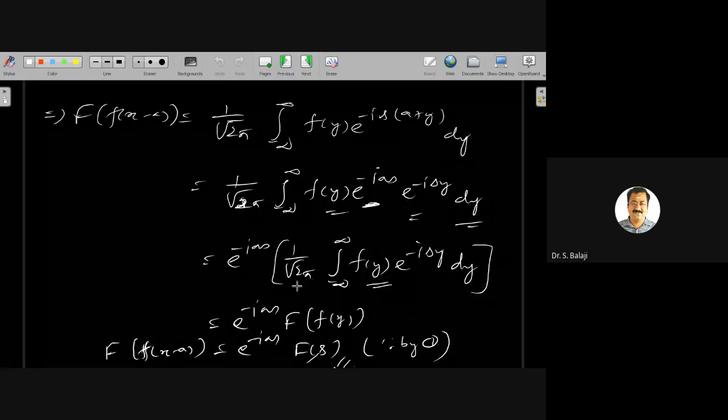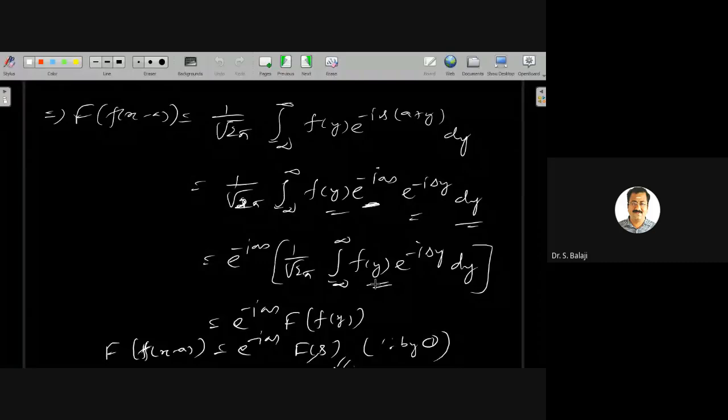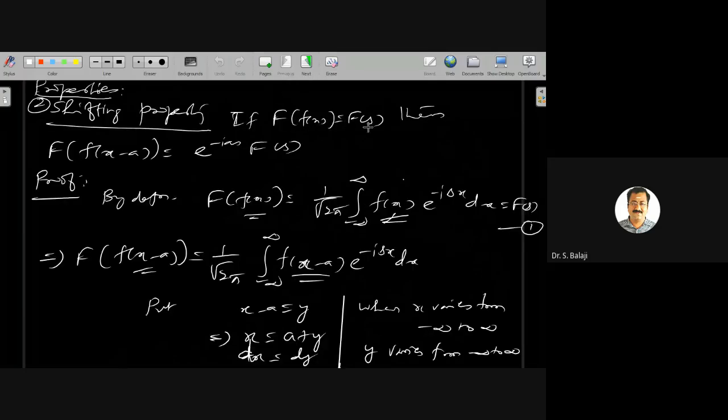Now this whole part is like the Fourier transform definition. For f of x, the definition is f of x e power minus isx dx; here it is f of y e power minus isy dy. Only the variable has changed, but the function is the same function. We already noted that the Fourier transform of f is F of s, a function of s.